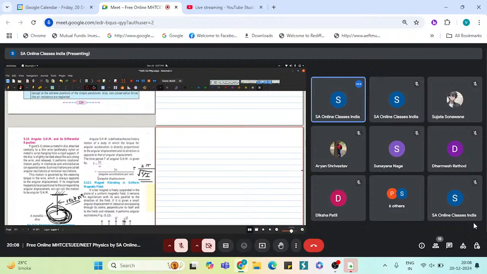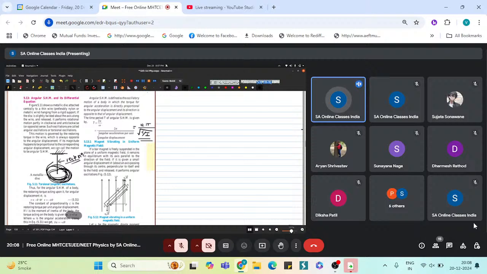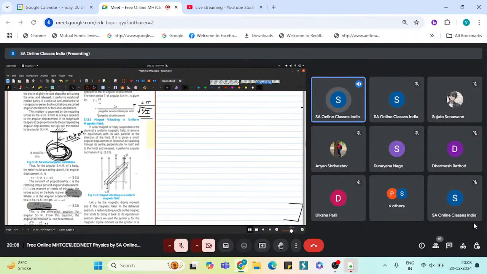So what I was saying is another example of angular SHM is a magnet vibrating in a uniform magnetic field. So we'll just take the second example, magnet SHM. The physical situation of this is, you have a uniform magnetic field which is in the z direction in this diagram, and then you have kept a magnet here.